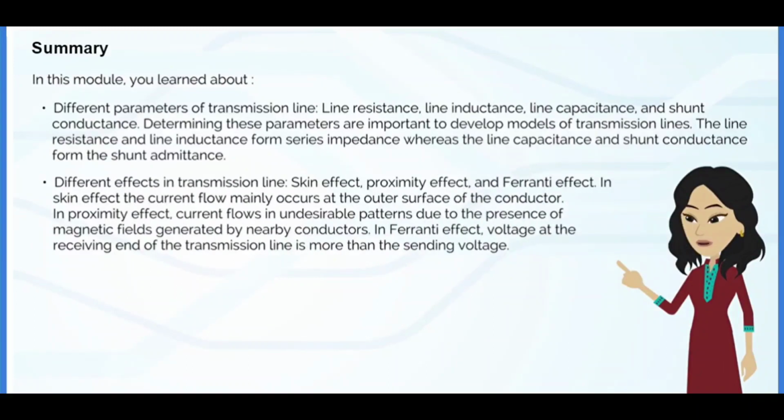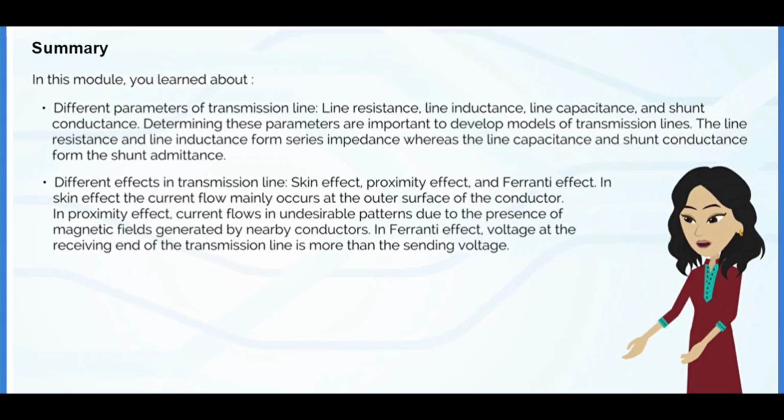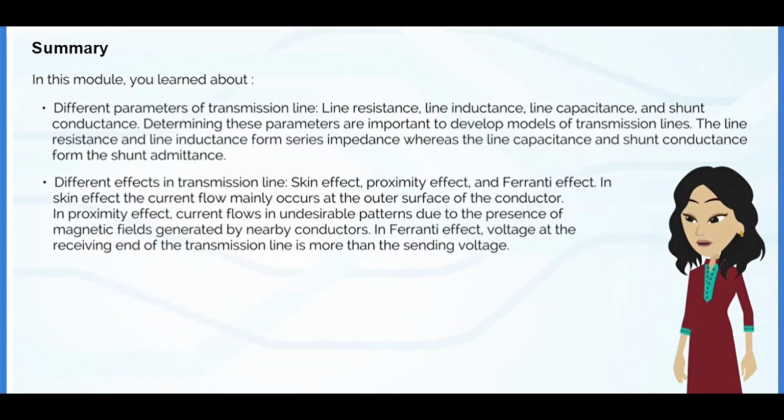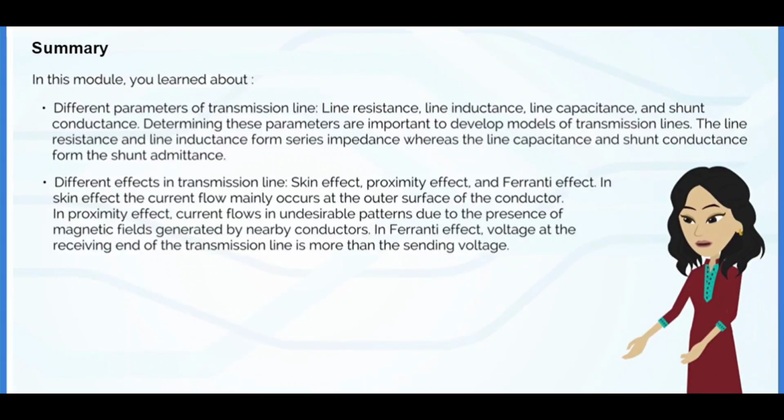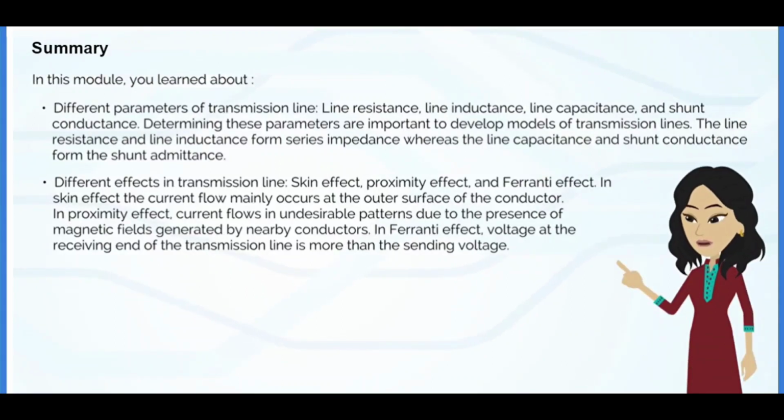Different effects in transmission line: skin effect, proximity effect, and Ferranti effect. In skin effect, the current flow mainly occurs at the outer surface of the conductor. In proximity effect, current flows in undesirable patterns due to the presence of magnetic fields generated by nearby conductors.